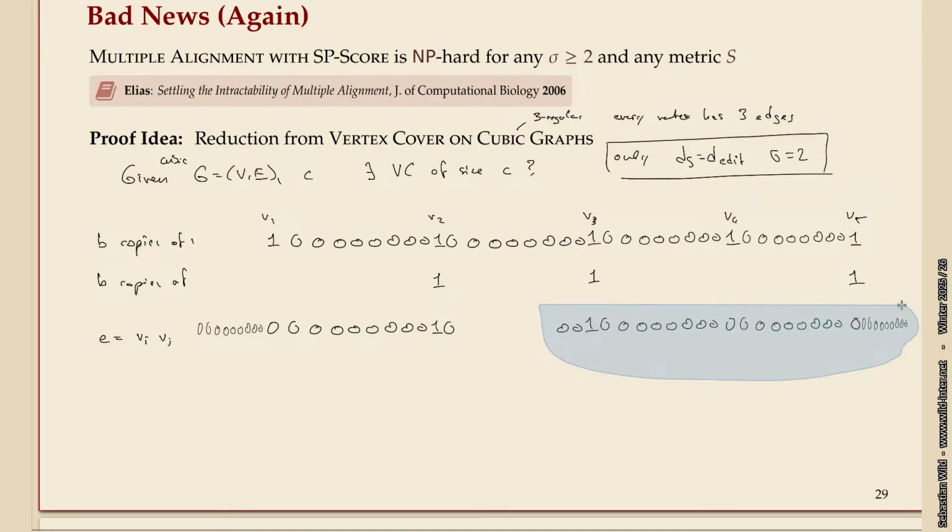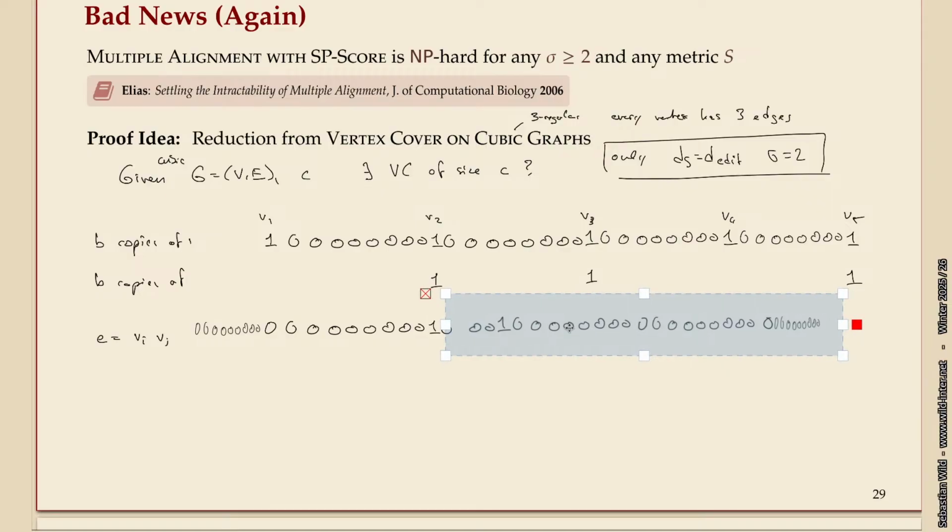In any good alignment, this will rather look like this. Because if I leave this sticking out at the end, it's going to be too expensive to match those zeros, to replace this with gaps in all the other strings. So I'll have to align it so that only as much sticks out left and right as needed, which means I can only put one of the ones in agreement with some of these picking vector ones. And you do this for every edge.